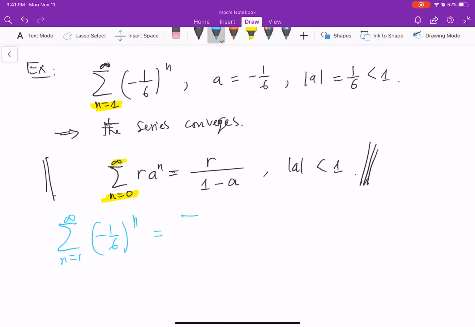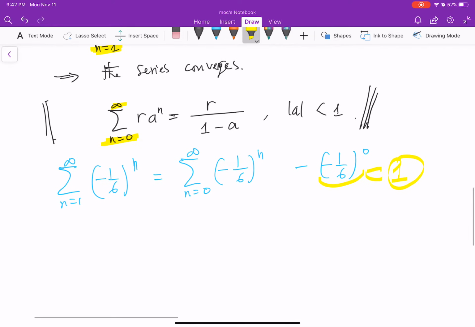It's just equal to the sum from n equals 0 to infinity of negative 1/6 to the n, where we add one more term corresponding to n equal to 0. Since we add that, we have to subtract negative 1/6 to the 0, but this term is just equal to 1.